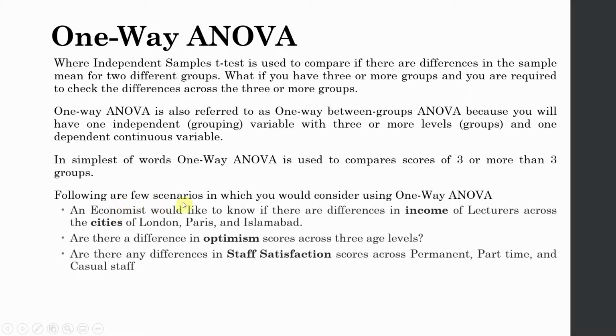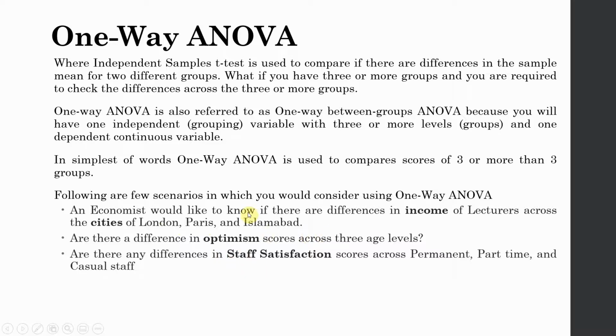Now following are a few scenarios in which you would consider using one-way ANOVA. These are a few examples that will require you to use one-way analysis of variance. For example, an economist would like to know if there are differences in income, a particular variable, of lecturers across the cities of London, Paris and Islamabad.